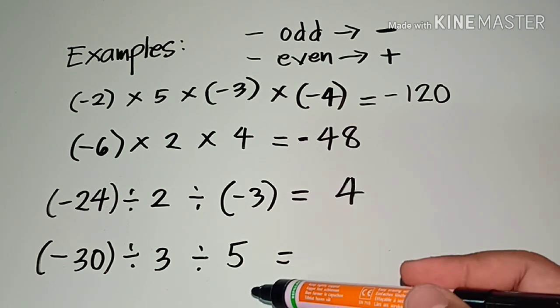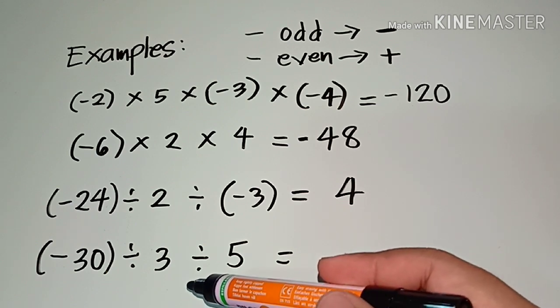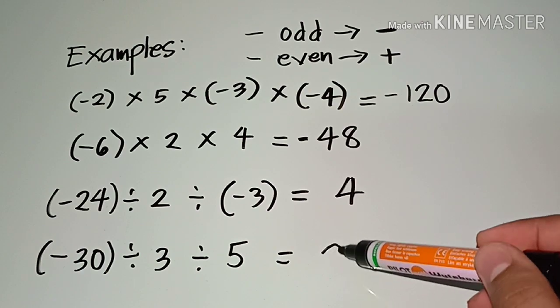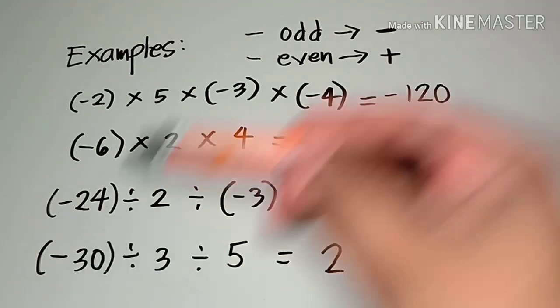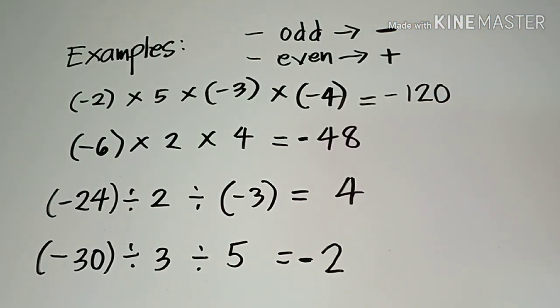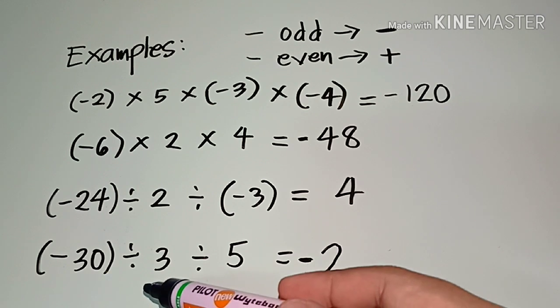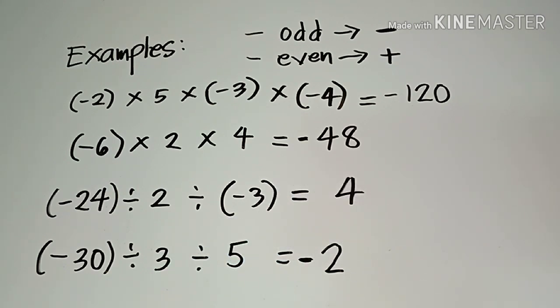And lastly, another example is negative 30 divided by 3 is 10, divided by 5 is 2, and we will count the number of negative numbers. It's only 1, and that's an odd number, so that means it will give you a quotient of negative 2. So negative 30 divided by 3 divided by 5 will give you a negative answer.